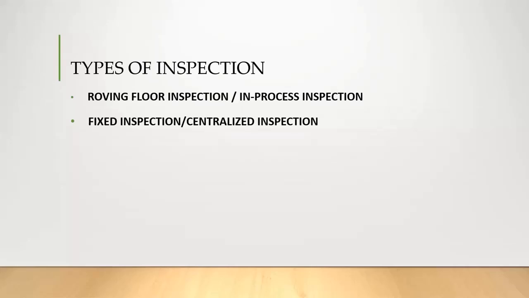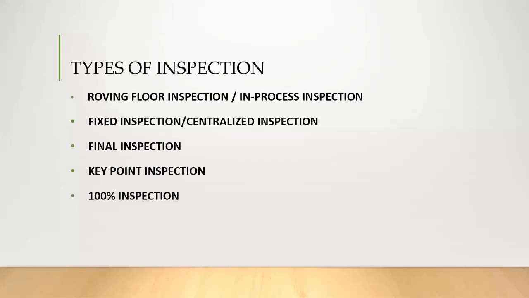There is another type called fixed inspection or centralized inspection. There is final inspection. Key point inspection, when a key point of a garment is measured. There is 100% inspection and sample inspection or random inspection. So in the garment industry, any of these types of inspection can be followed.